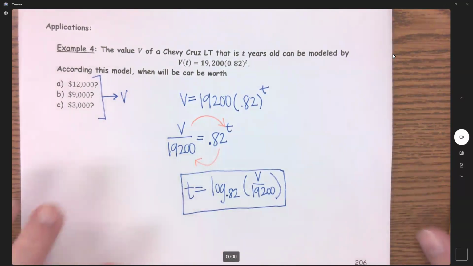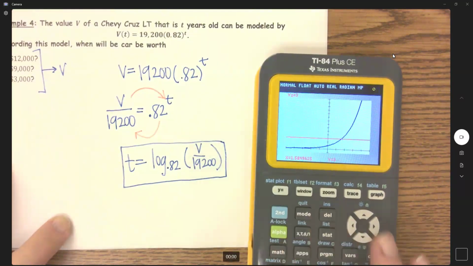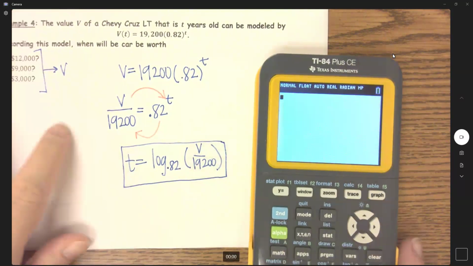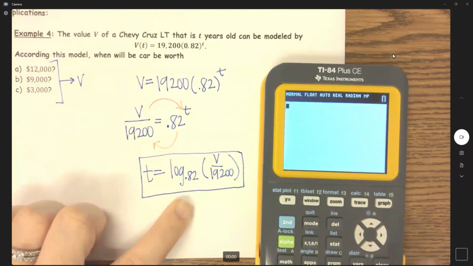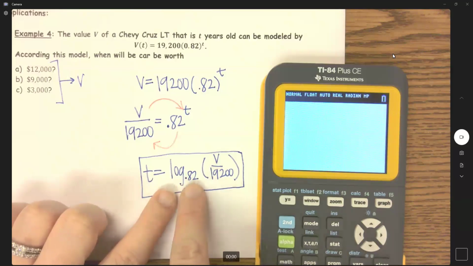So now this is just substitution. If you don't have an 84 and you have an 83, you're going to have to use your change of base here. So log of V divided by log of 0.82.